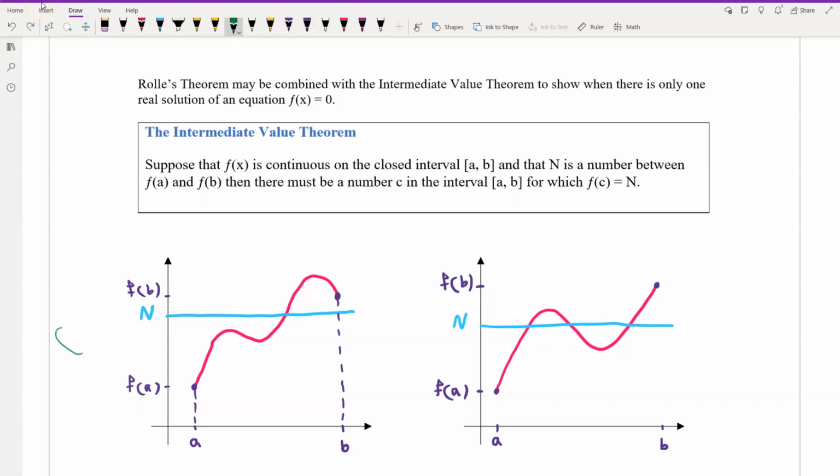Based on what we have here on left side, we have closed interval a, comma b. So here is A, here is B. We have this curve, and this capital N is between f of A and f of B. Now, trying to find a number C in this closed interval.